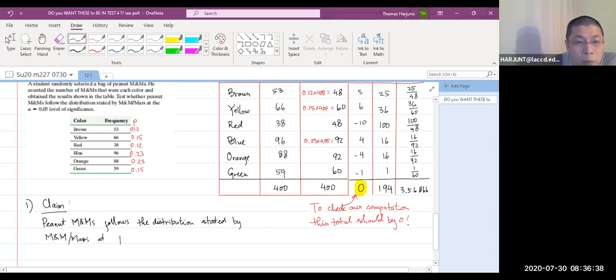The proportion for brown is 12%. The proportion of yellow is 15%.